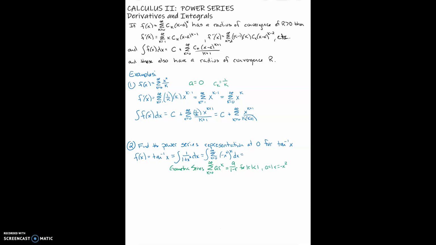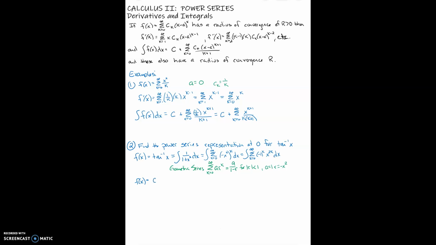Let's see, I can go ahead and simplify or rewrite this just a bit to make it an easier series to work with. Let's write this as negative 1 to the k, and then x squared to the k is x to the 2k. Okay, let's see. Now, if we integrate this, again, I'm looking at integrating this bit right there, treating that as my polynomial function.